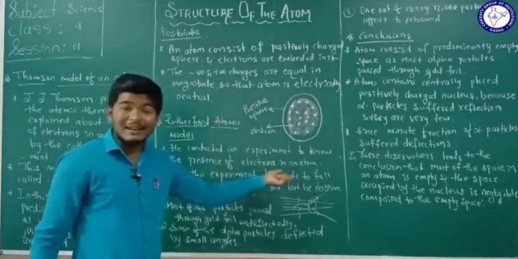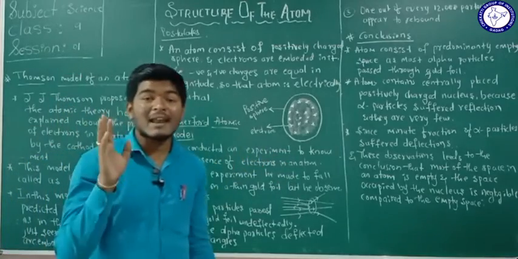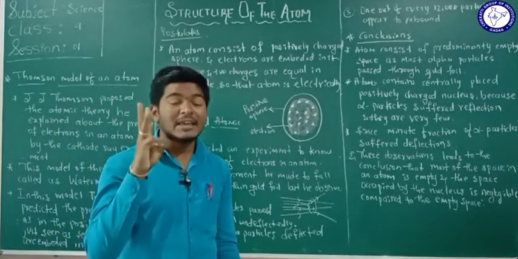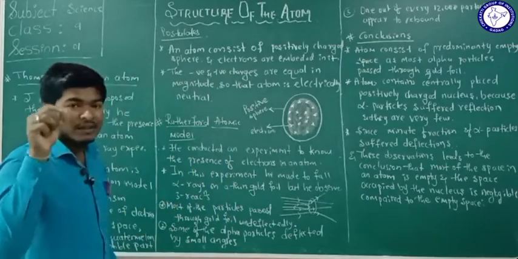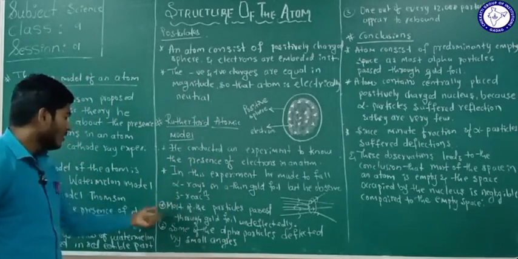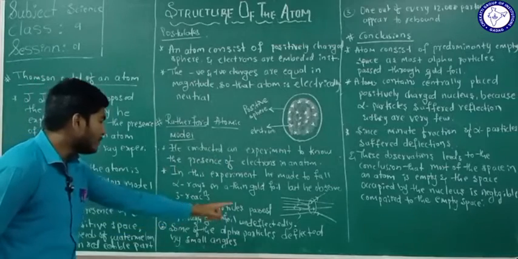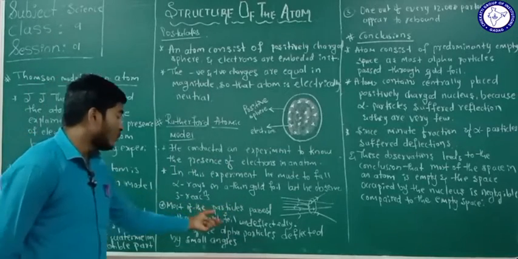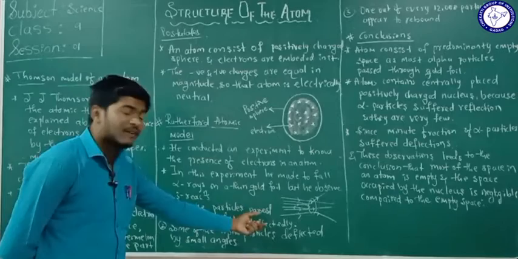In that experiment, he made 3 observations. The first one is that most of the particles passed through the gold foil undeflected.